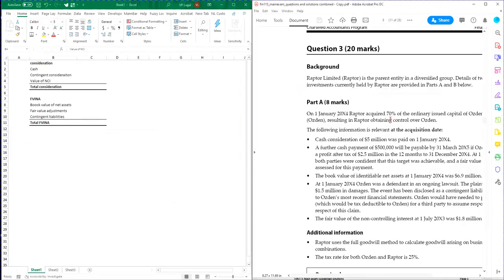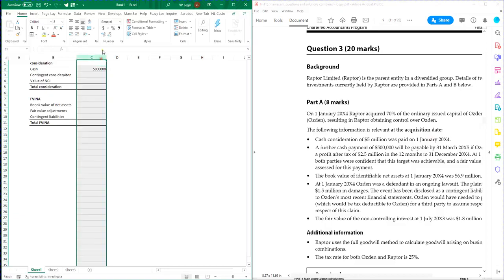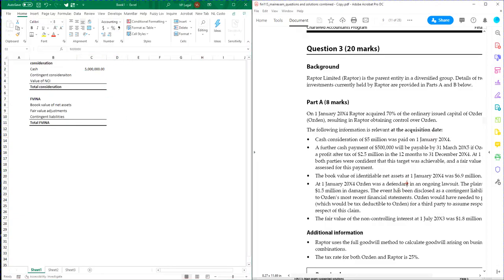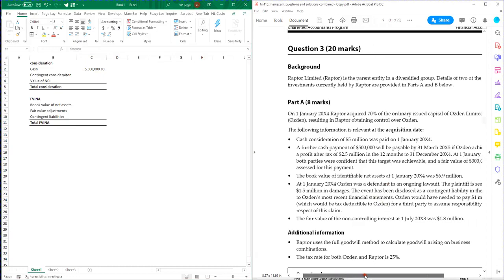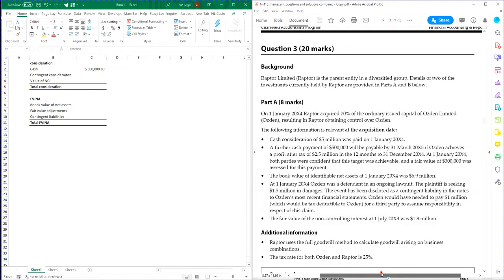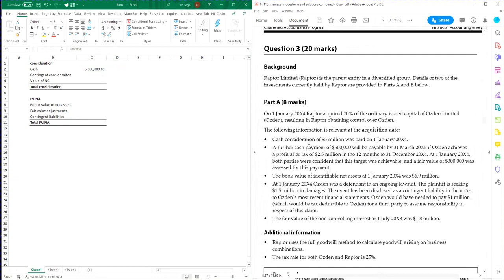Let's just look at the information in here. So cash consideration paid, I can see is 5 million over here, so we can put that in. Is there any contingent consideration? Let's have a look. I can see a further cash payment of 500,000 if it achieves profit after tax.